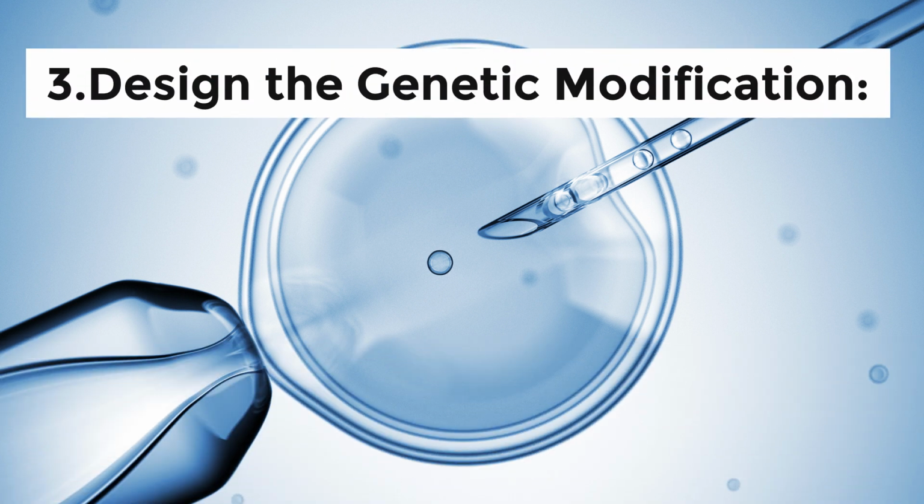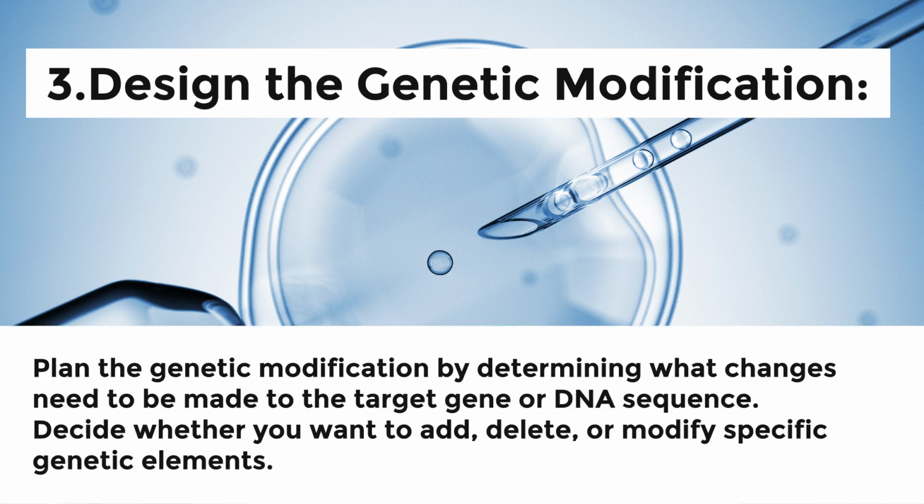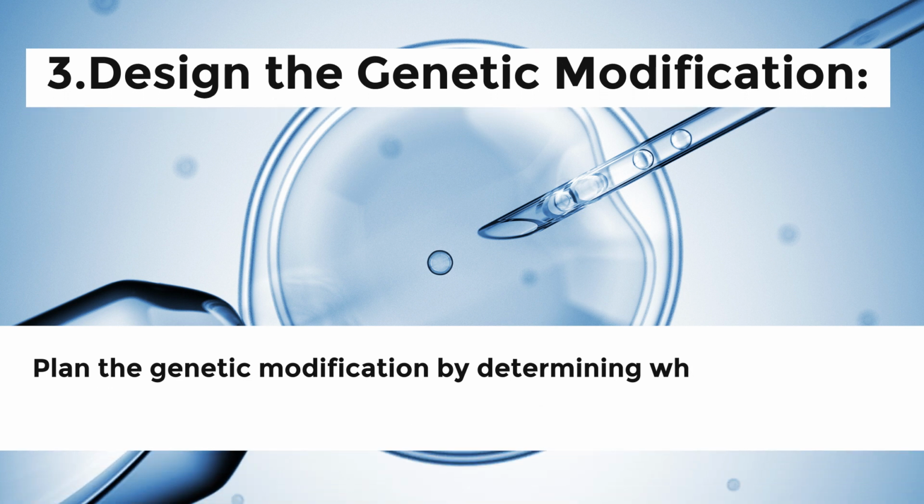Third one is to design the genetic modification. Plan the genetic modification by determining what changes need to be made to the target gene or DNA sequence. Decide whether you want to add, delete or modify specific genetic elements.